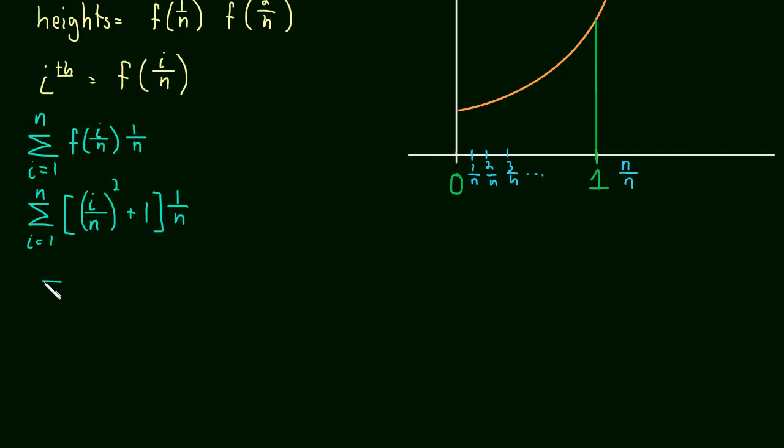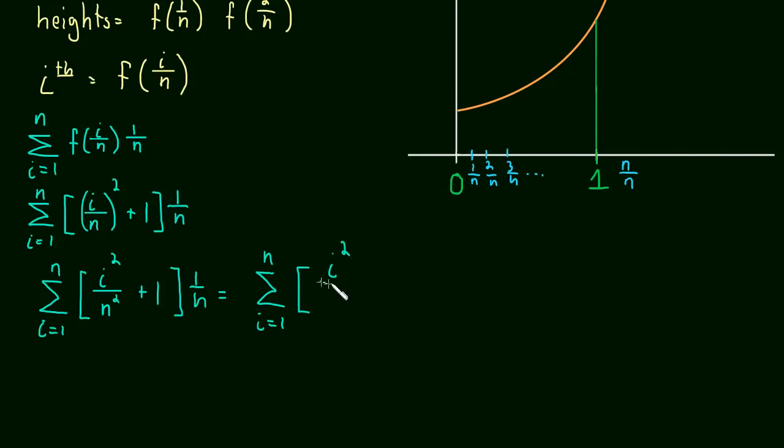So this becomes, as i goes from 1 to n, well, I guess I have more time, so I'll take my time and do more steps than I did in the last video. So we just square that term out, and the whole thing times 1 over n. Let's bring that 1 over n inside. So this becomes i squared over n cubed plus 1 over n.